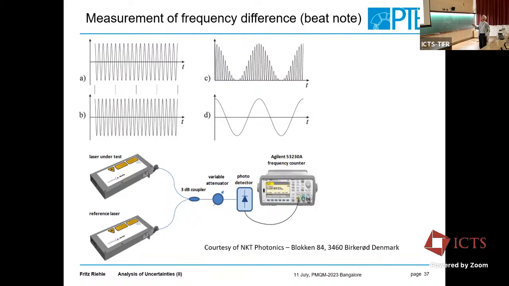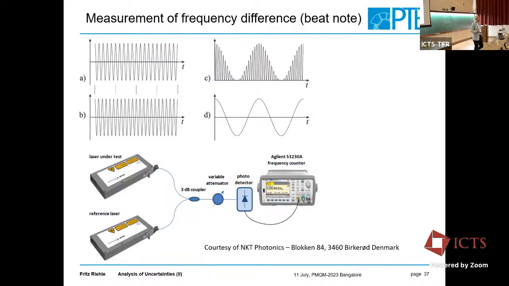And then if you add these frequencies, you get something that looks like this. The detector will not follow the high frequency variation, but it will see such a signal. This you can measure by comparing the two standards and using a frequency counter.